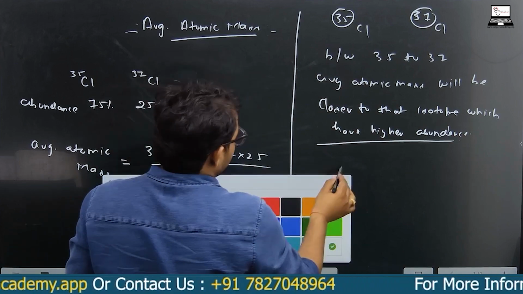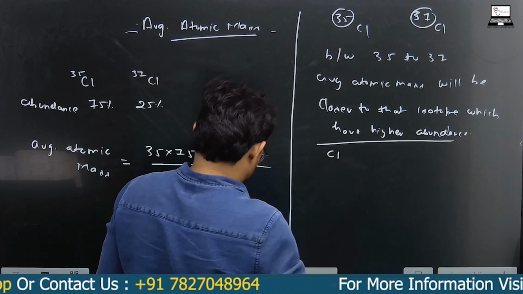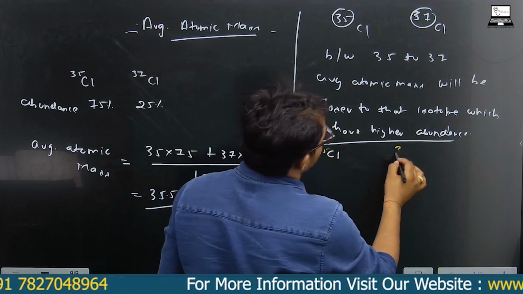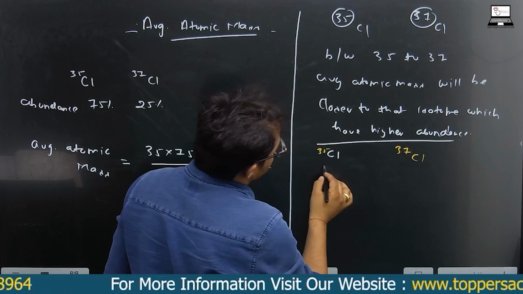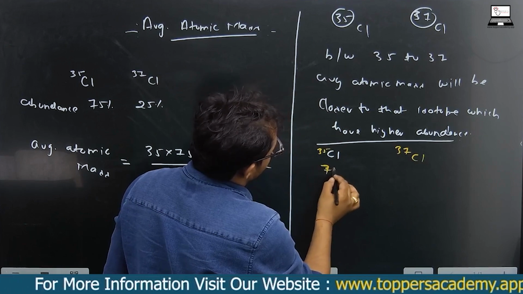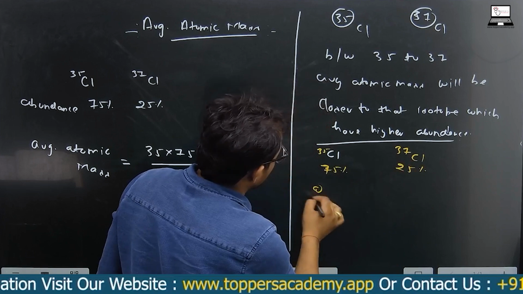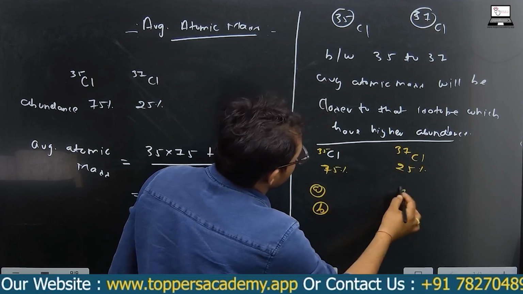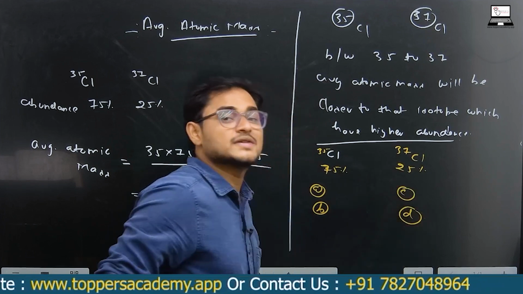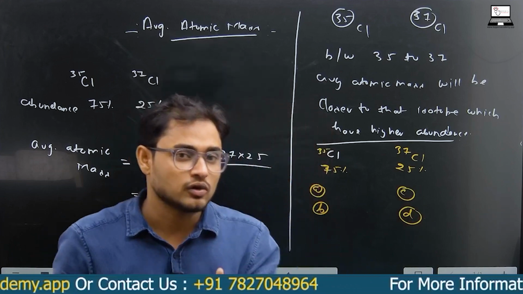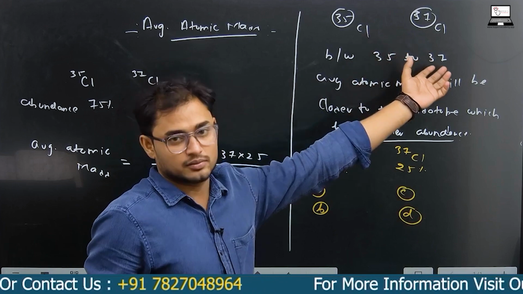For example, my dear friends, if I'm talking about 35Cl and 37Cl, with percentage abundance 75% and 25%, we have to find the average atomic mass, and the options are given. We will not use the formula. We are going to solve this question by using this trick, right?